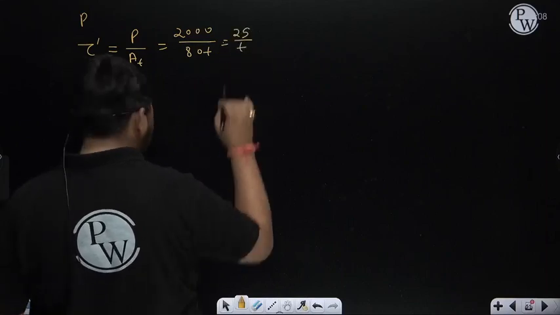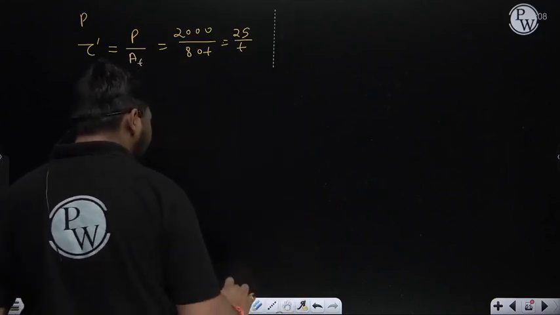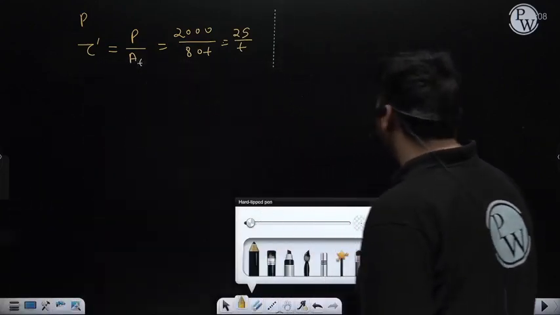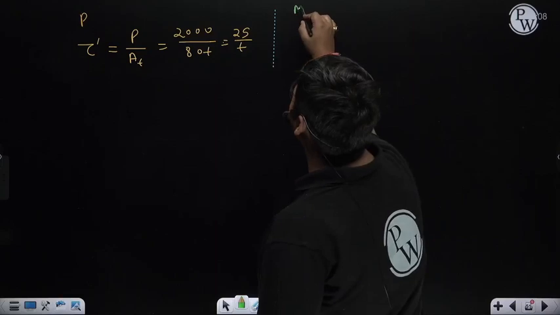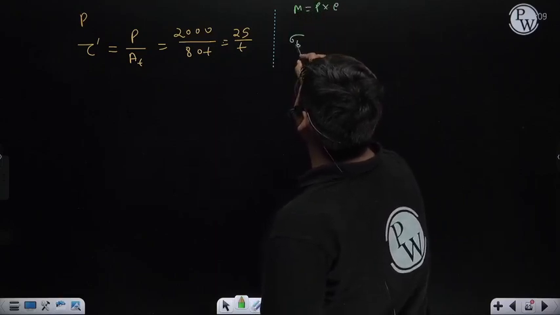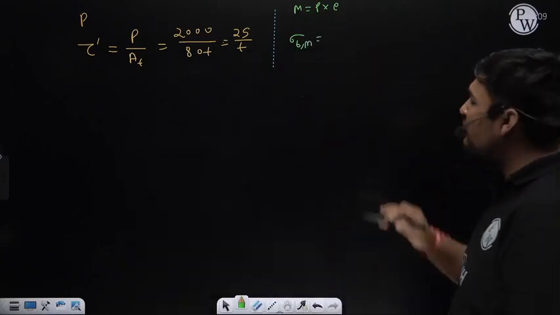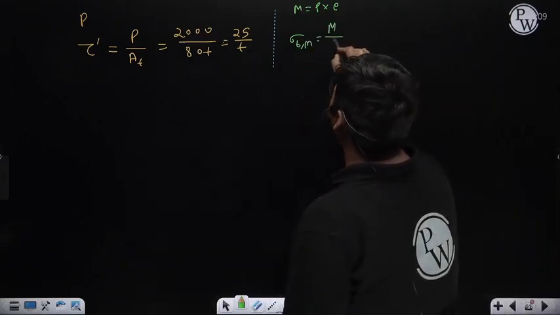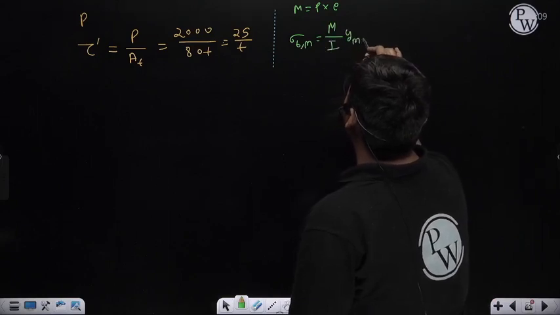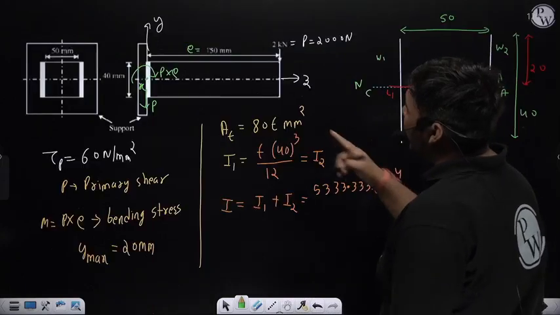You can check the calculation. Now we will calculate the secondary normal stress, or bending stress, at the critical point. Bending stress comes due to the moment P into E, and the bending stress at the critical point will be maximum, which I am denoting as sigma Bm. The formula to calculate this is M upon I into Y max. M is the bending moment, which is P into E. P is 2000 Newton and E is 150 mm.